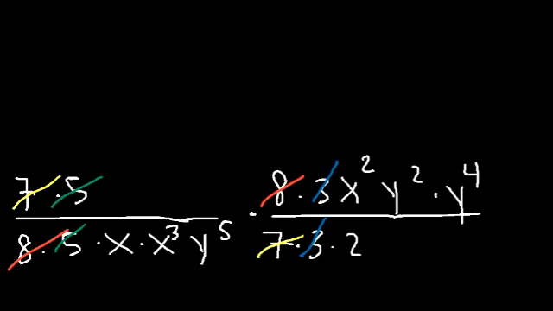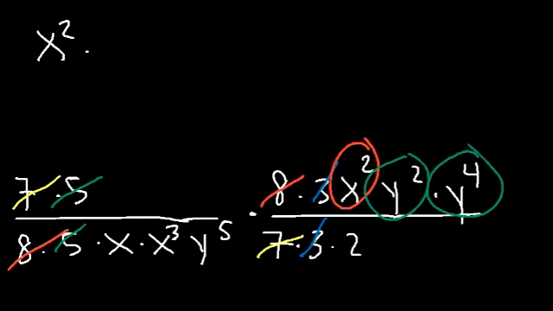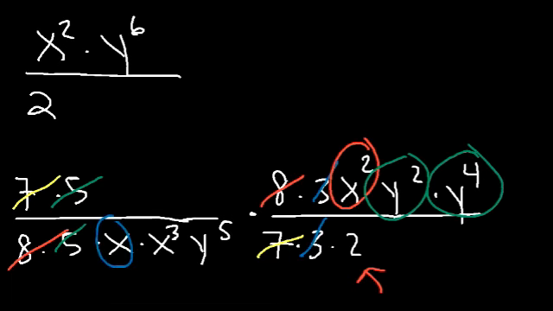So on top, we have an x squared, y squared times y to the 4th, 2 plus 4 is 6, so it's y to the 6 on top. On the bottom, we have a 2. We have x times x to the 3rd, which is x to the 4th, and we also have y to the 5th.